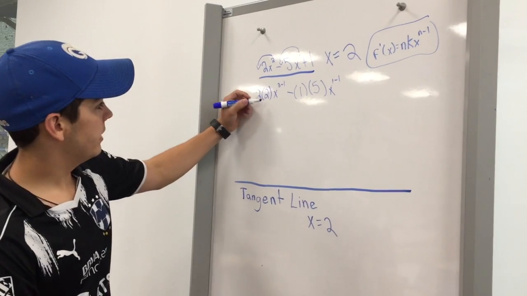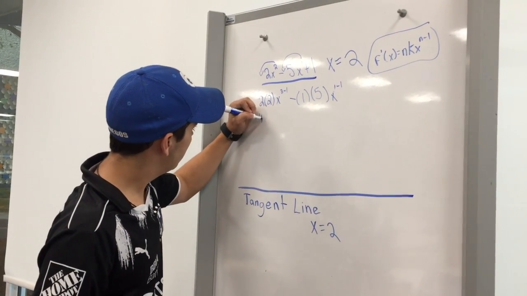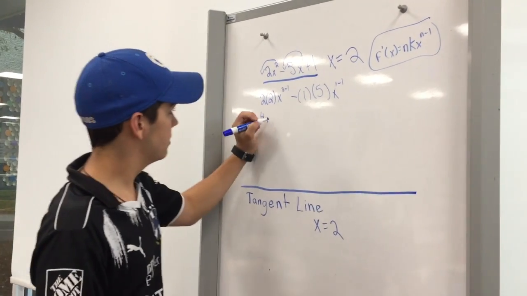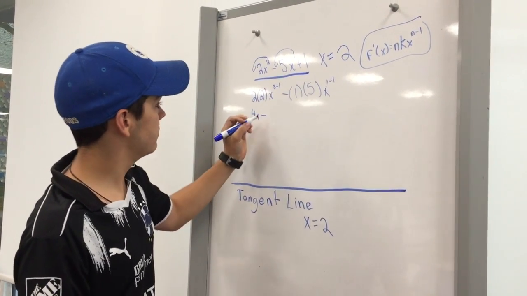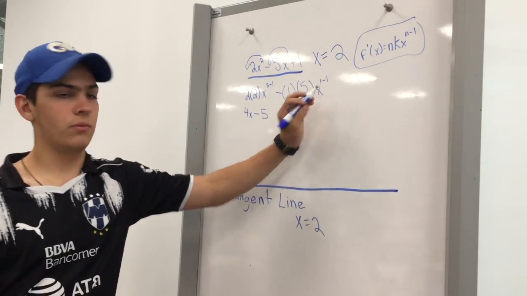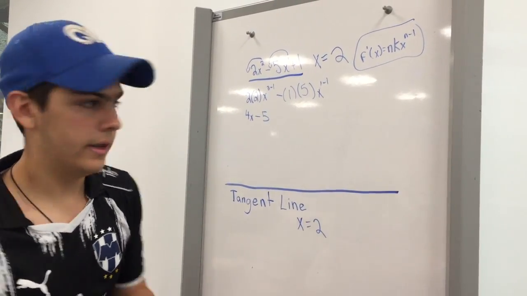So then you multiply 4x, and if you have a 1, it's just x, minus, you multiply 1 times 5, it's 5, and as you have 1 minus 1, it's 0, so the x doesn't exist.